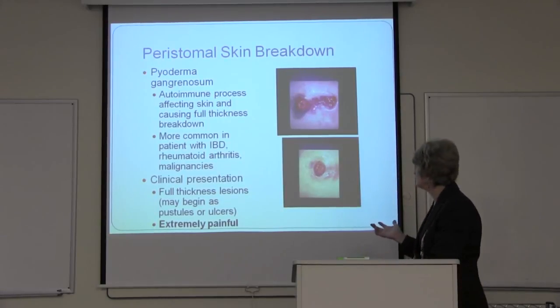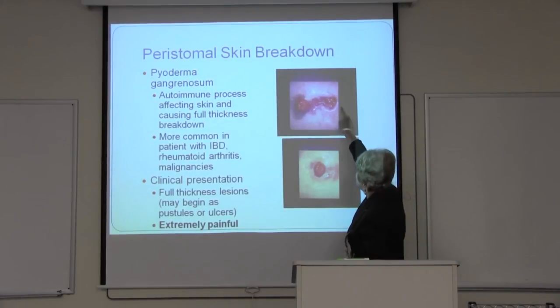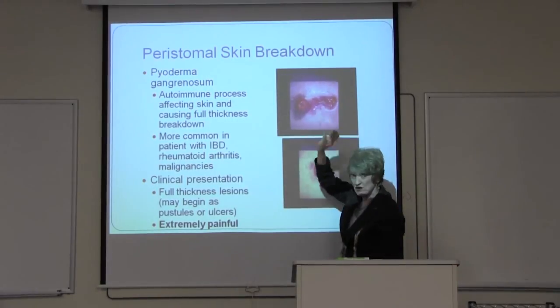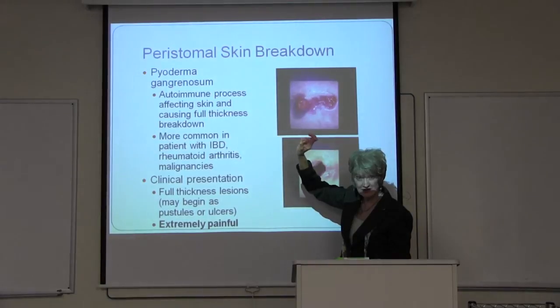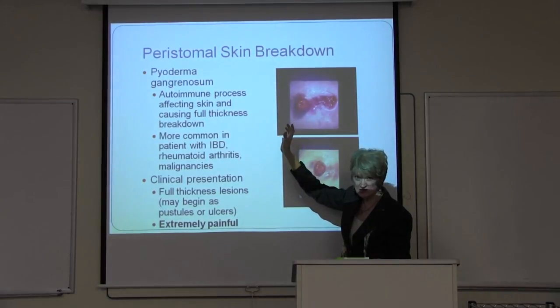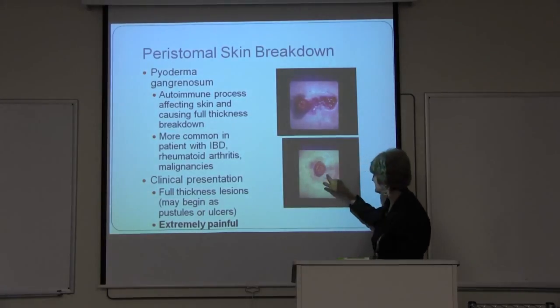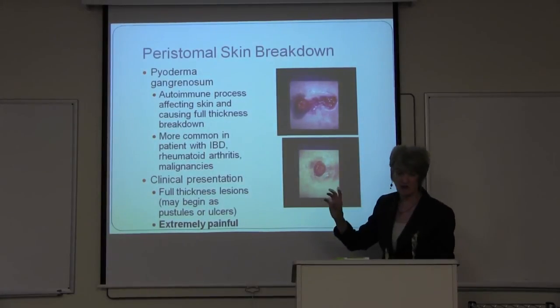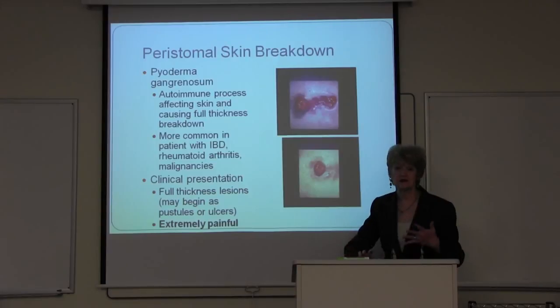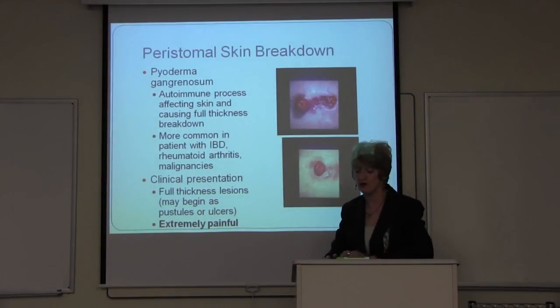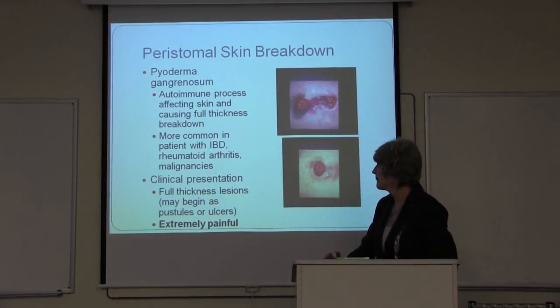We know that pyoderma most commonly presents as a solitary cratered ulcer that then progressively enlarges. Sometimes you have multiple craters, and occasionally, as I said, it presents as a crop of pustular lesions, sometimes hard to distinguish from an underlying cellulitis.